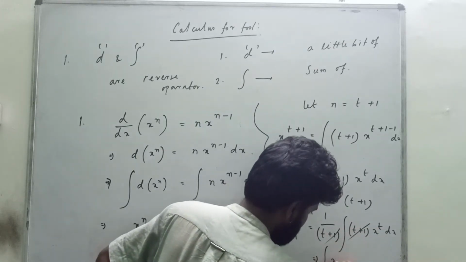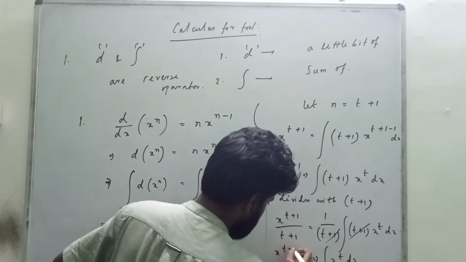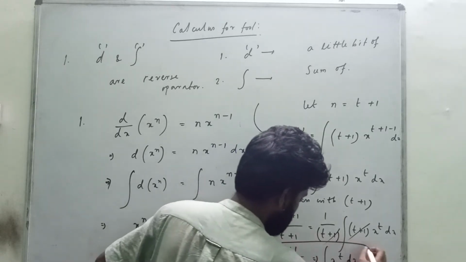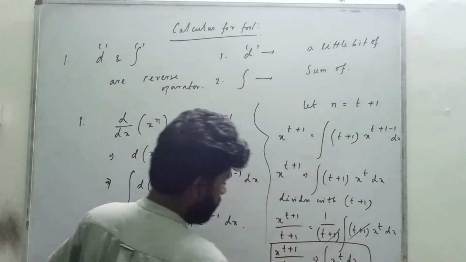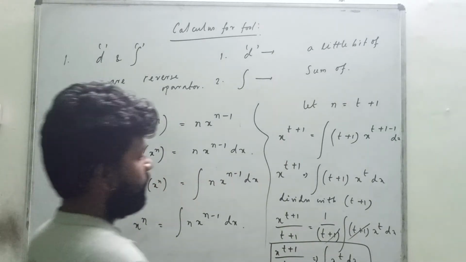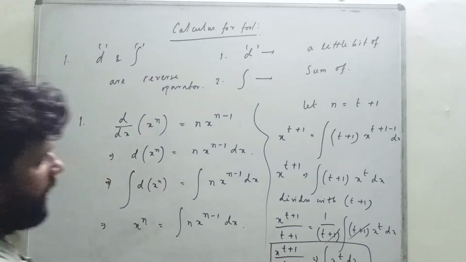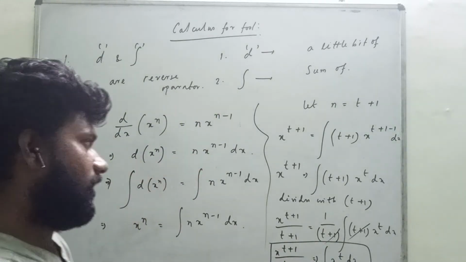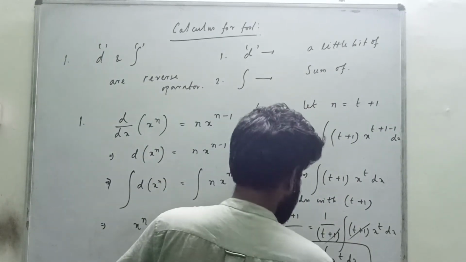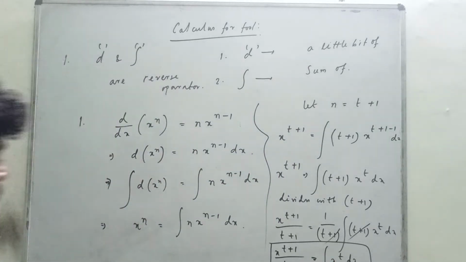We will get the sum of x^t dx equals x^(t+1) over t plus 1. This is actually our first formula of the sum of, or one can say it's an integral of, you can say anything, right?